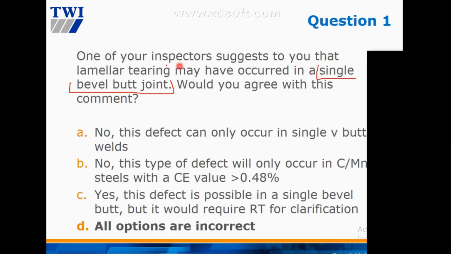Remember, lamellar tearing only occurs in joints like T, K, Y, corner only. Never in butt weld, never in single plate butt weld, never. Okay? So that's where the answer goes to D.